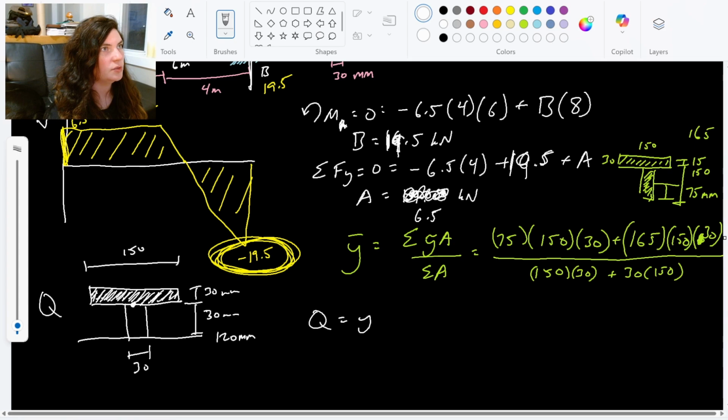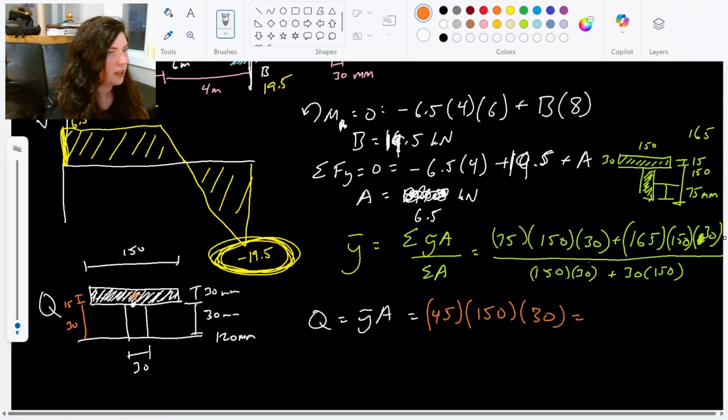So Q is y tilde times A. My centroid for this shaded area is going to be right in the middle here, halfway through this 30, so here's 15. And then this distance here we said was 30, so 15 plus 30 is 45. 45 millimeters times that top area, 150 times 30. Gives me a Q value of 202,500 millimeters cubed.